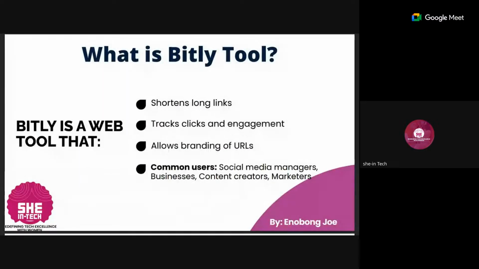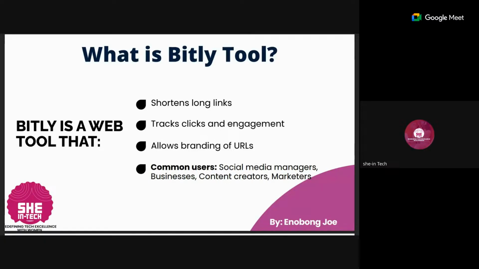The next thing we are looking at is Bitly, and I'm sure some people have heard of this tool. This tool is used for shortening links, more like customizing your link.